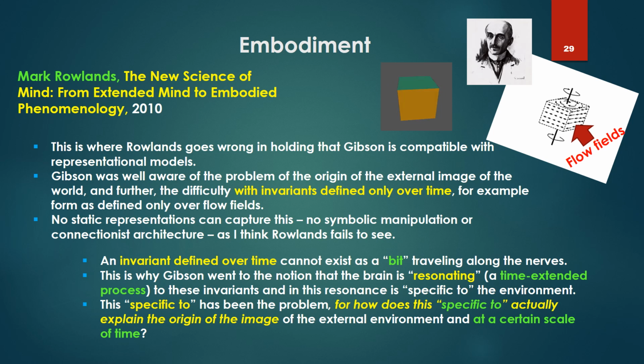So the brain is resonating to these invariants, and the invariants exist only over this time-extended resonance, and this resonance is specific to the environment, as our reconstructive wave is specific to the environment. The "specific to" has been the problem. For how does the "specific to" actually explain the origin of the image of the external environment at a certain scale of time?